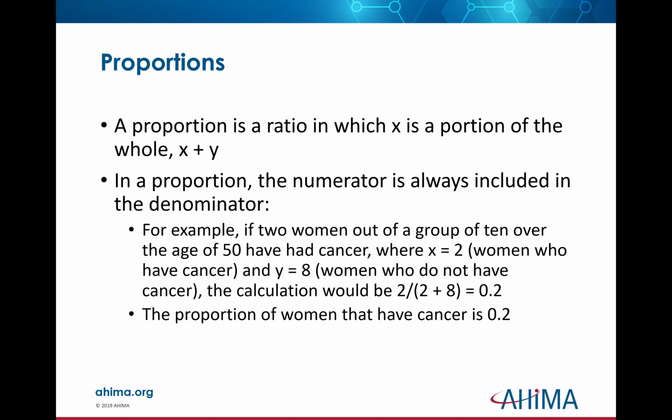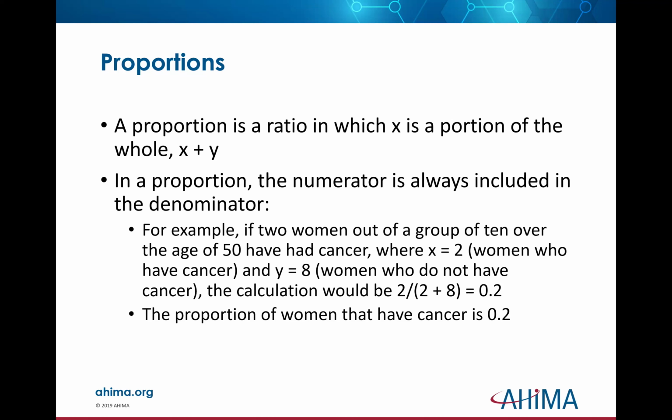So in the example here, if 2 women out of a group of 10 women who are over 50 have had cancer, and y is 8, the proportion is 2 divided by the denominator, 2 plus 8, which would give us 0.2.